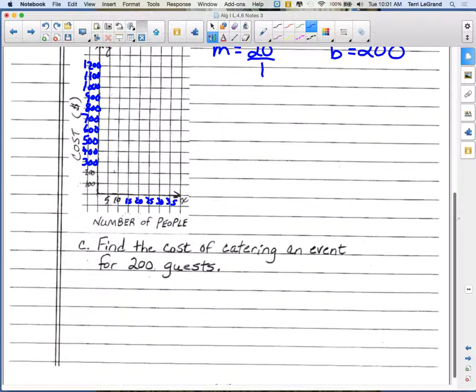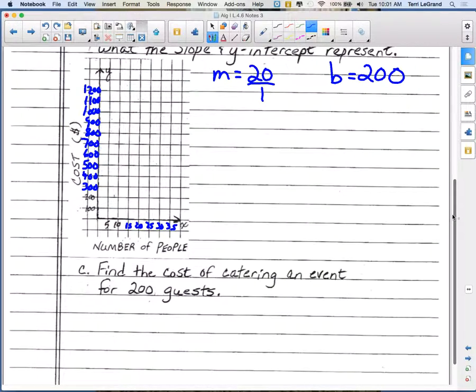Hundreds. So does that mean we're going to start at 200, when we put our first point at 200 here? Because that's the y-intercept, that's our starting point, right? Does that mean then that we're going to go up 20 grid lines and over 1? No. So what should we do?